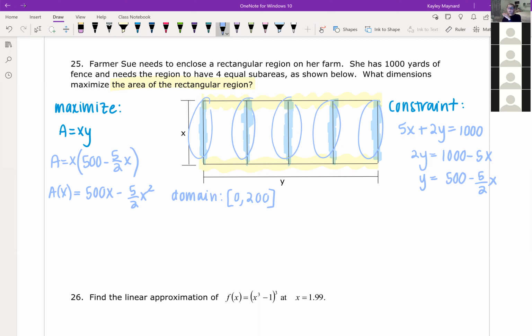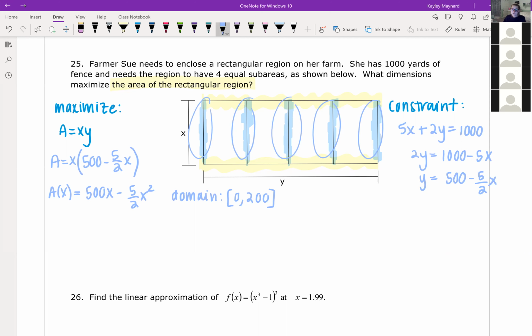If we use none of it, then that's fine, but that means that our y would be 500 each. So the domain is 0 to 200. If you use none of it, it doesn't make a very good region. Or you can use all of it on just the x's, and that means that each of them is 200.